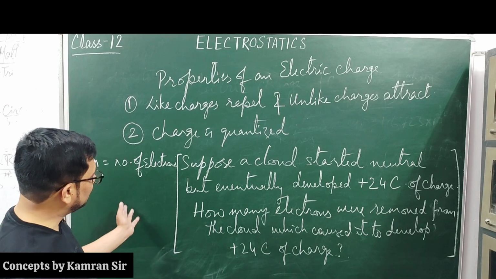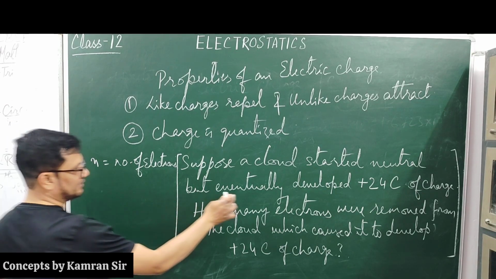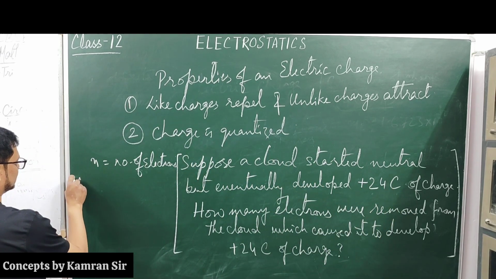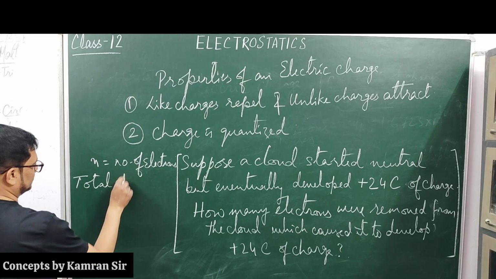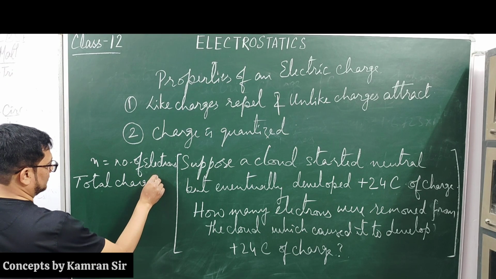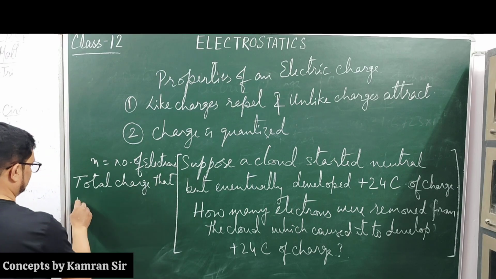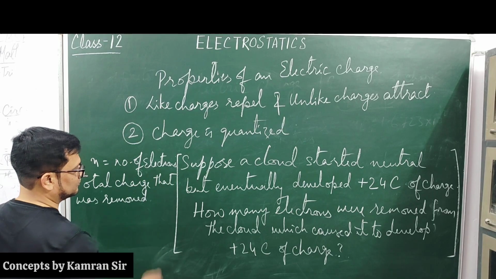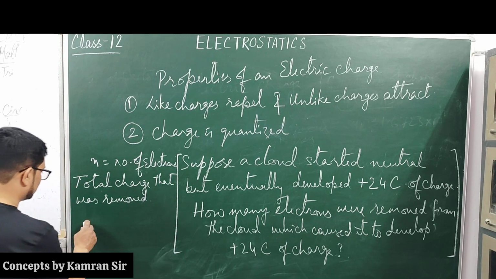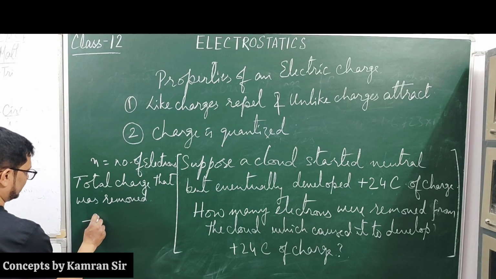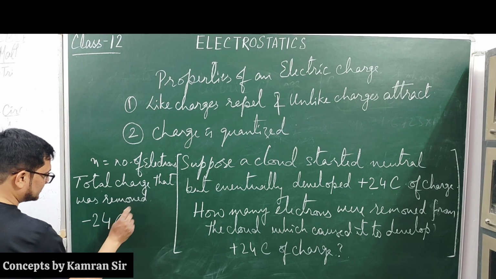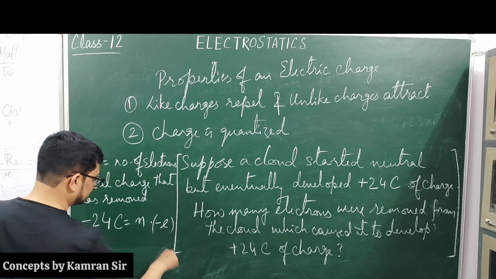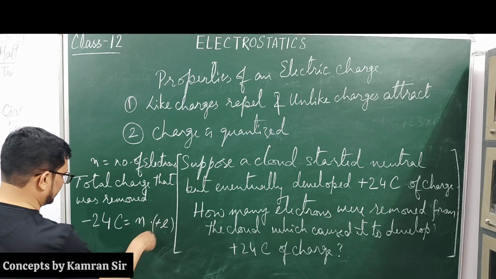The total charge that was removed, since electrons are removed, is minus 24 coulomb. And this should be equal to the number of electrons times minus the elementary charge. Elementary charge is that of the electron, so we get this.